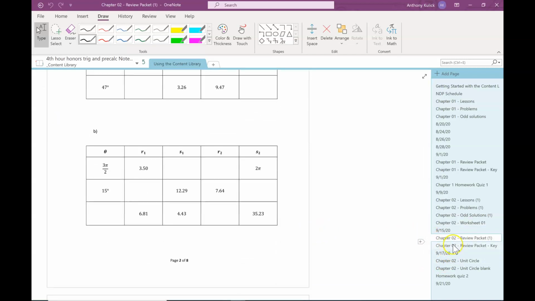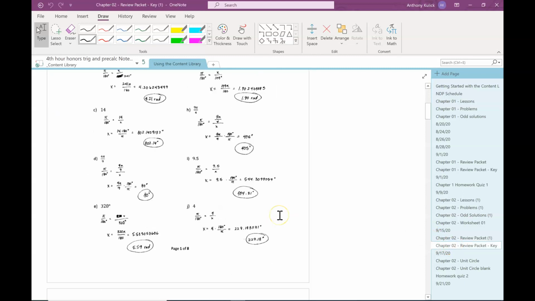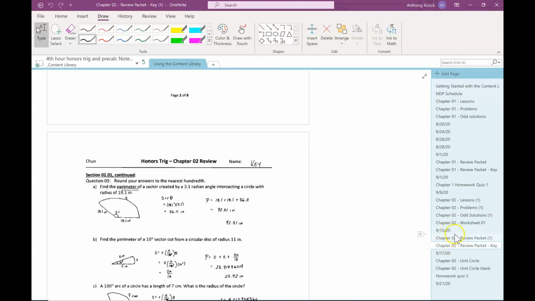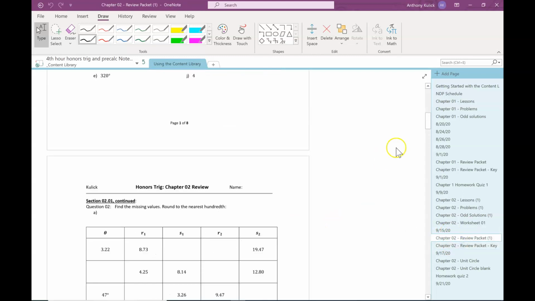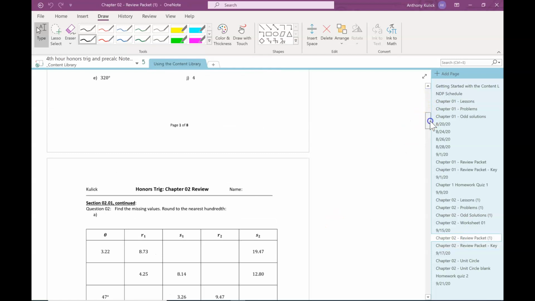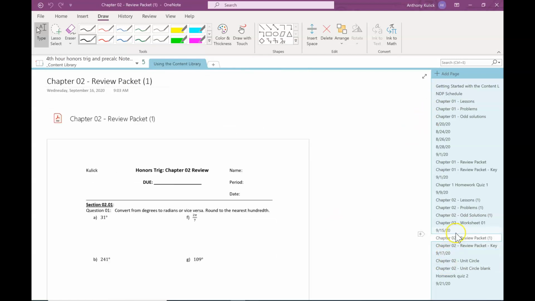Notice that the review sheet also has a key attached to it. That would be part of your homework check for Sunday, those two assignments. My suggestion to you would be to do them in advance of the test, since it's direct practice for things on the test. And the test is scheduled for Wednesday this week, right?